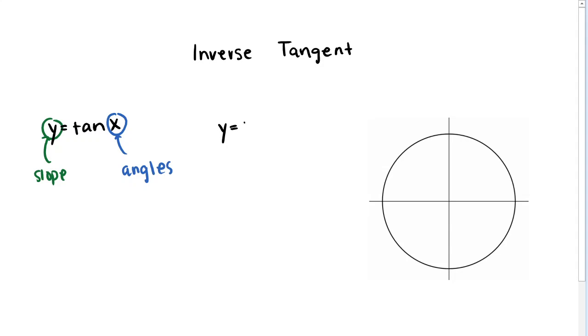And so when we define y is equal to tangent inverse of x, well, an inverse function reverses the roles of the inputs and outputs of the original function. And so here, the input of our inverse function can be seen as a slope, and the outputs of our tangent inverse function, these can be seen as angles.